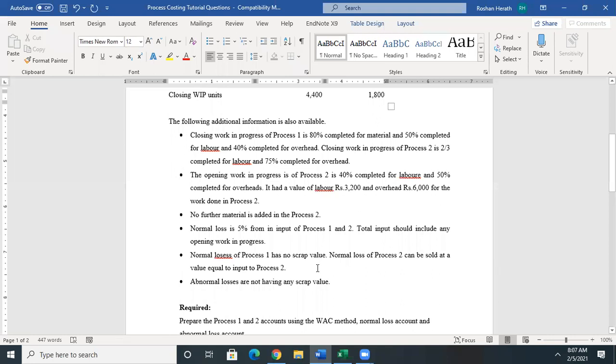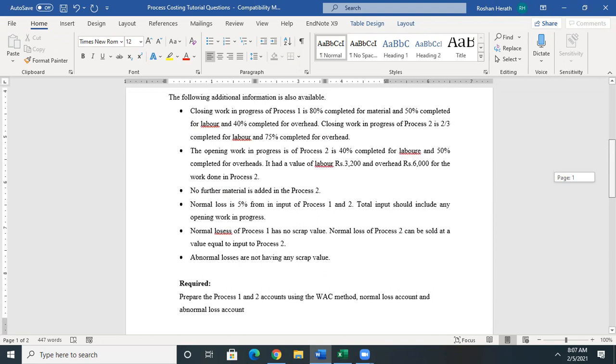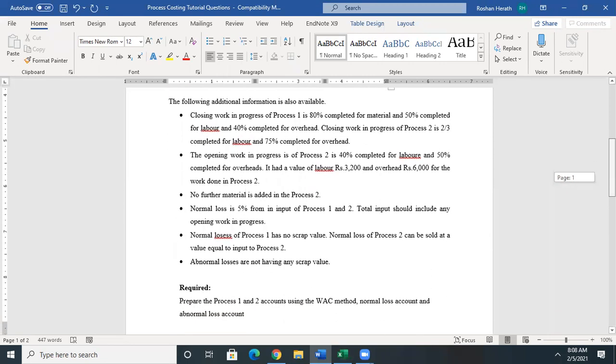The abnormal loss is not having any scrap value. And you need to prepare the process 1 and 2 accounts using the weighted average cost method, along with the normal loss account and abnormal loss account as well.